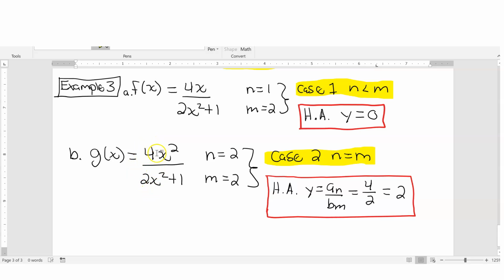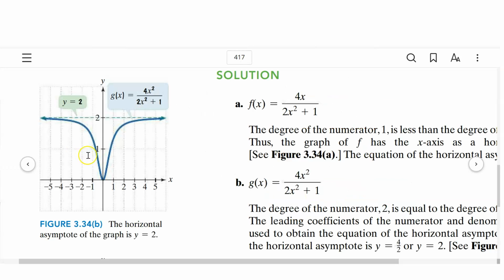So this is a sub n, and this is b sub n. So y equals the ratio of those two coefficients. So it'll be 4 divided by 2, or y equals 2 is the horizontal asymptote. This is the picture of the graph of that function, and you can clearly see as x goes to positive and minus infinity, the graph will definitely approach that horizontal asymptote of y equals 2.